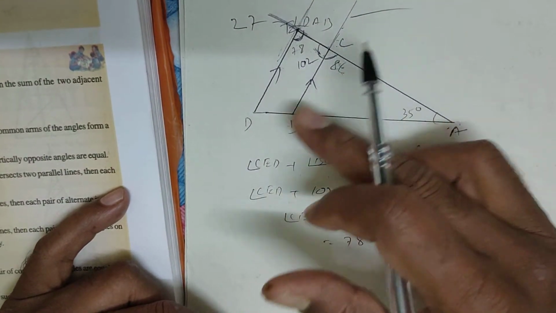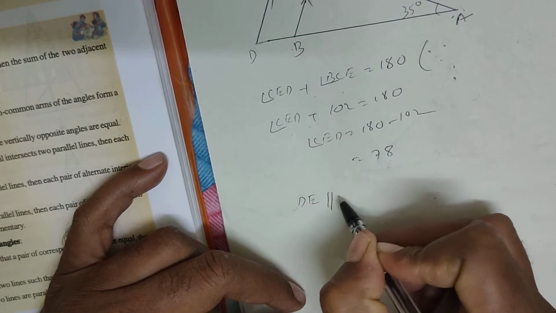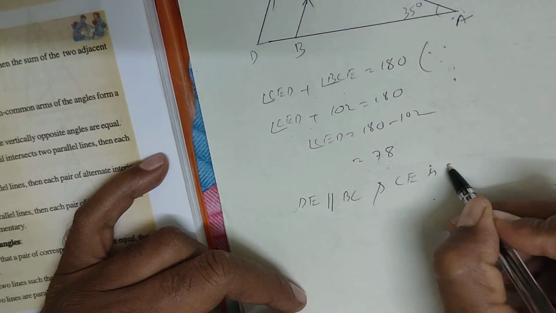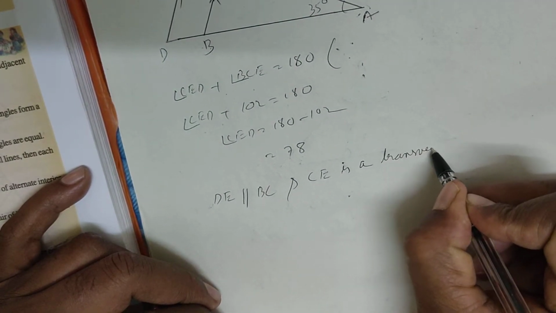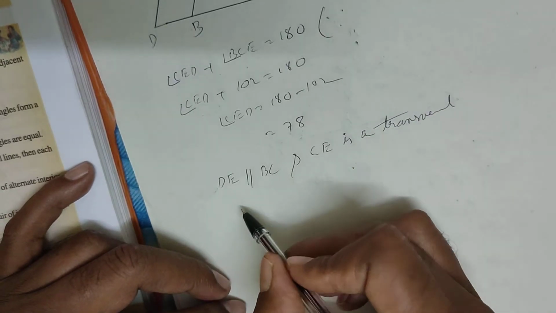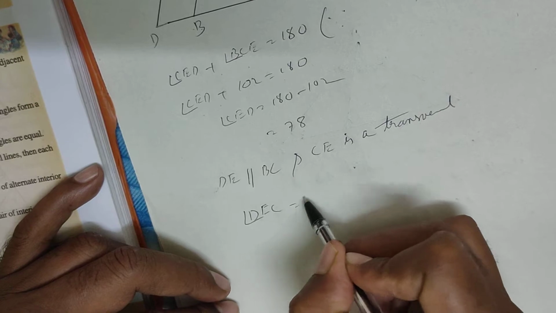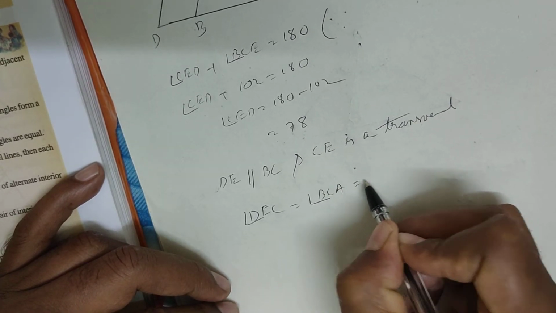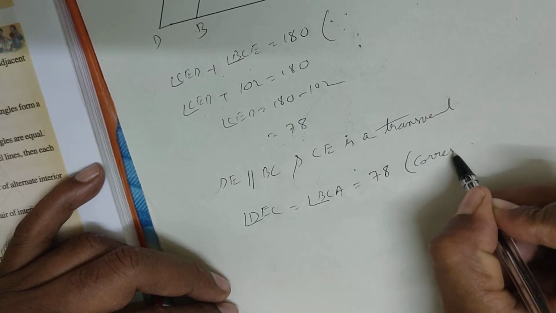If you want to represent it, I have to write that DE is parallel to BC and CE is a transversal. Then angle DEC is equal to angle BCA is equal to 78, corresponding angles.